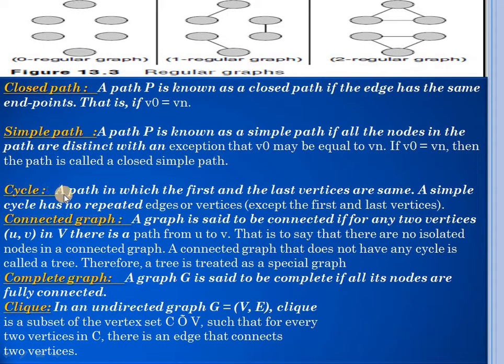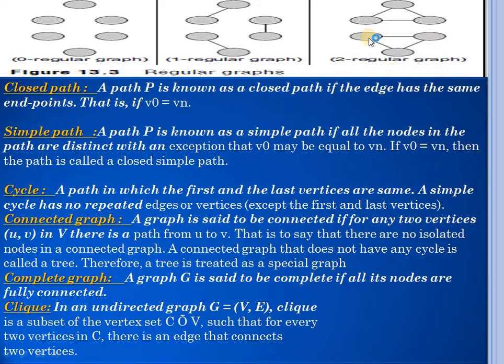Now cycle: a path in which the first and the last vertices are the same. This is a cycle, and a closed path means this is closed: the starting node and the ending node are the same, then it is a cycle.